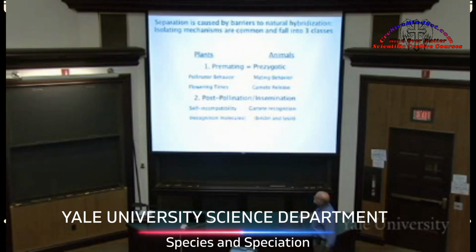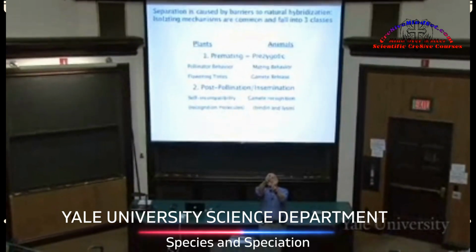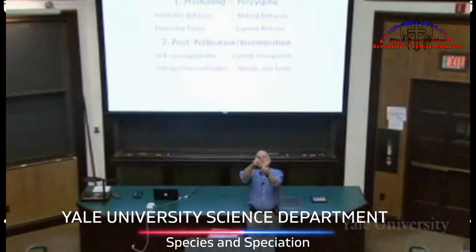The self-incompatibility argument in plants basically has to do with the costs of inbreeding and the costs of selfing. And the arena in which that takes place is after the pollen grain lands on the style of the flower and starts to grow down the style towards the ovary of the flower.